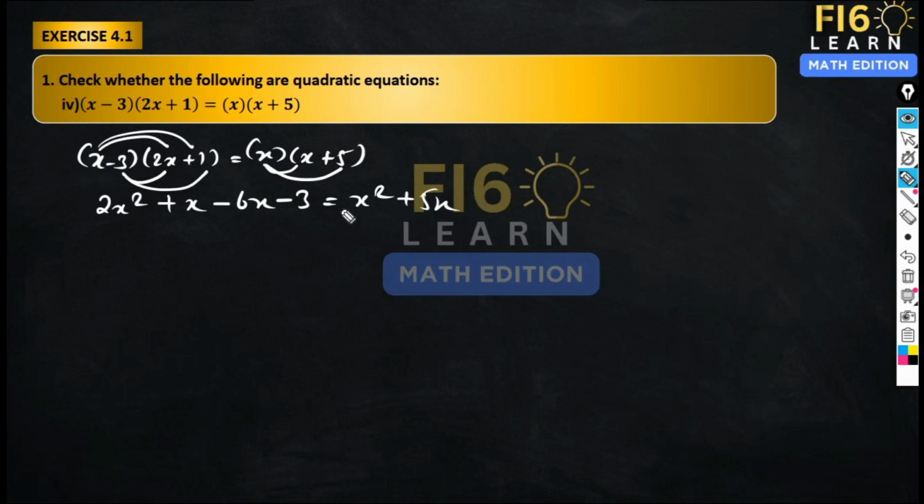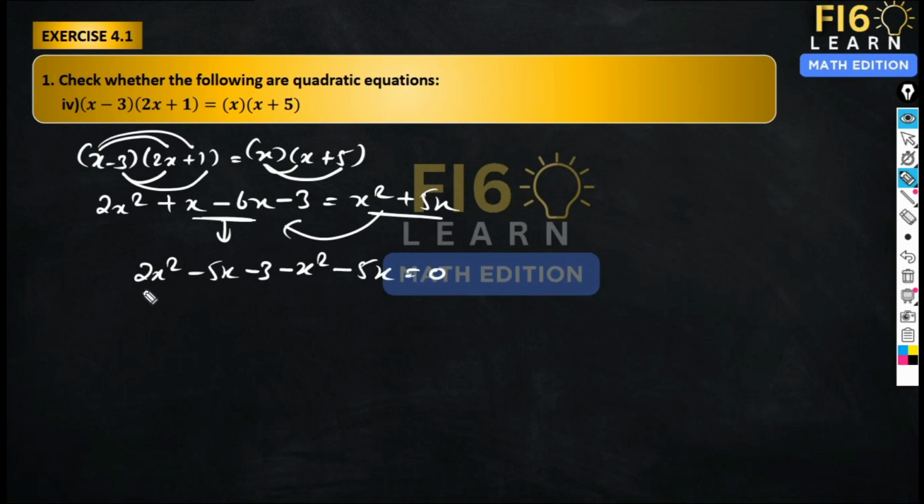Okay, so this is what we got after the multiplication, and next we have to rearrange this. You can bring these two terms to this side, so you will get 2x square. Also we can simplify this. x minus 6x is minus 5x, and this will be minus 3, and then you can bring this term. So x square will become minus x square, and plus 5x will become minus 5x, is equal to 0.